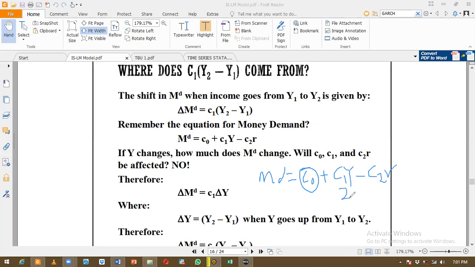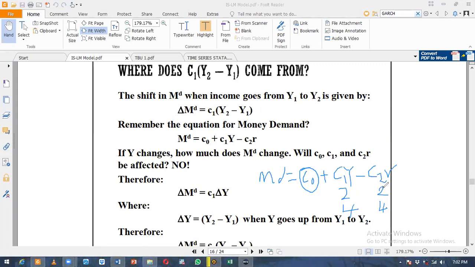Assuming this is 2, what this means is that whenever income increases by 1 unit, money demand will increase by 2 units. If it's 4, if income should increase by 1 unit, money demand will increase by 4 units. When you come to the interest rate too, assuming one is 2, one is 4, then it means that when interest rate increases by 1 unit, money demand will fall by 2 units or 4 units.